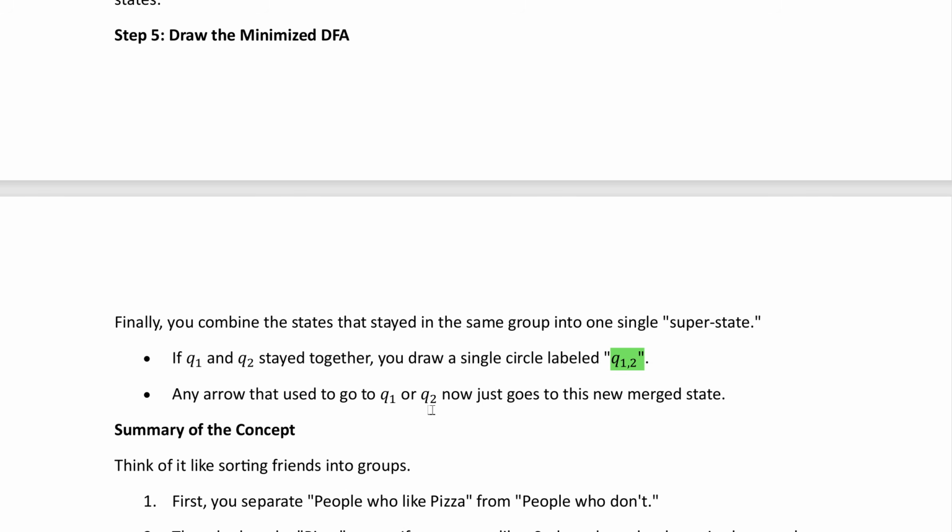Any arrow that used to go to Q1 or Q2 now goes to this new merged state. So whenever you apply 0 on Q1 or Q2, even if we get only Q1, the next state will be Q1,Q2. You can read this statement.